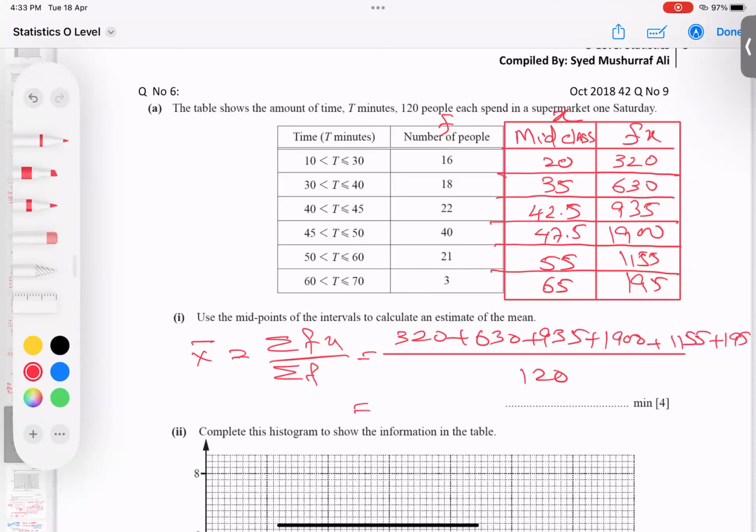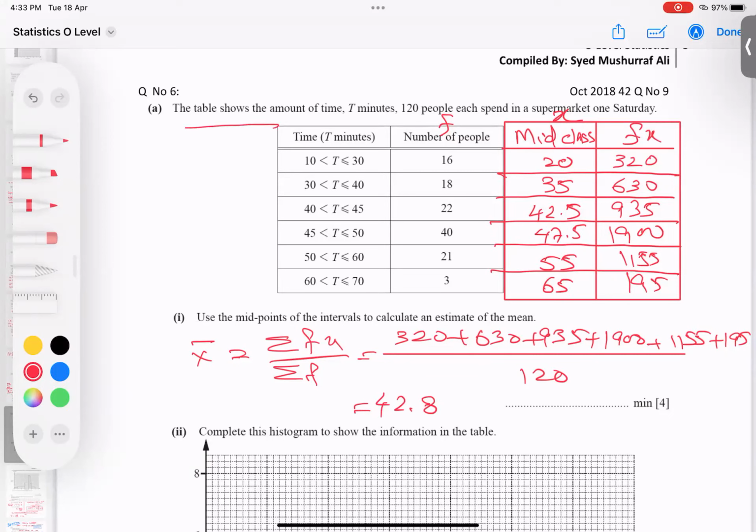I believe this idea is very clear. The value we are getting is 42.79, actually, after rounding 42.8. So this is done. Let's talk about the histogram table.